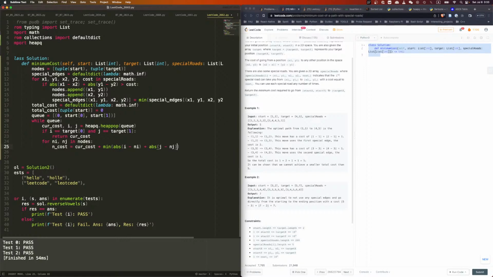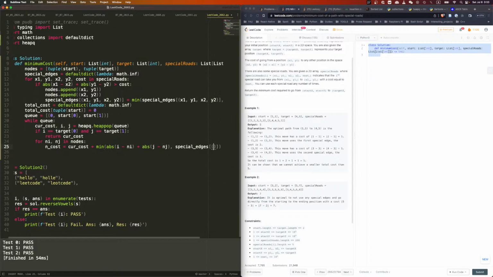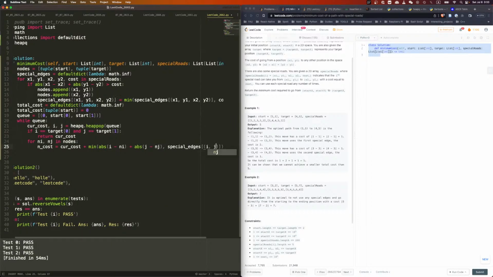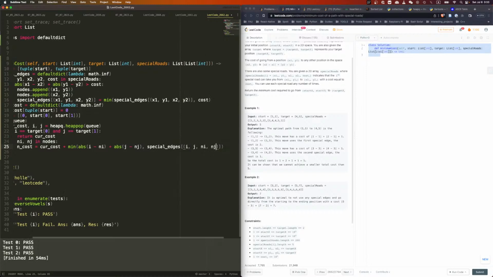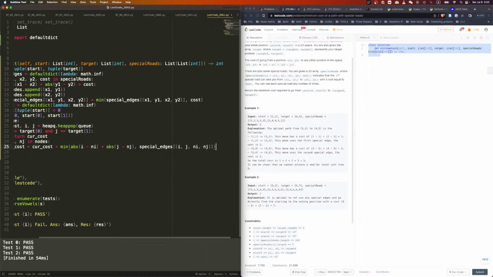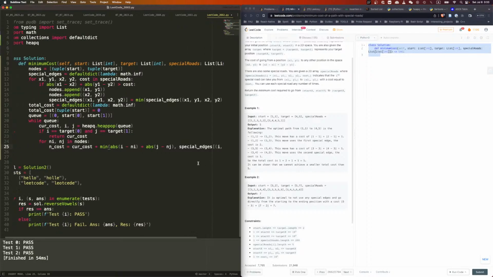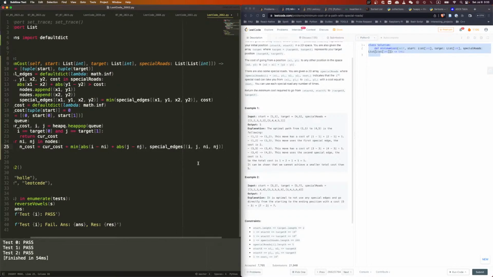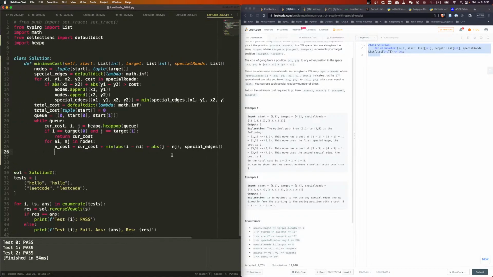So minimum of this is just directly go there, and special edges, going from i, j to ni, nj, we have a cost. So we get the minimum of these two. So this is the next cost, right?